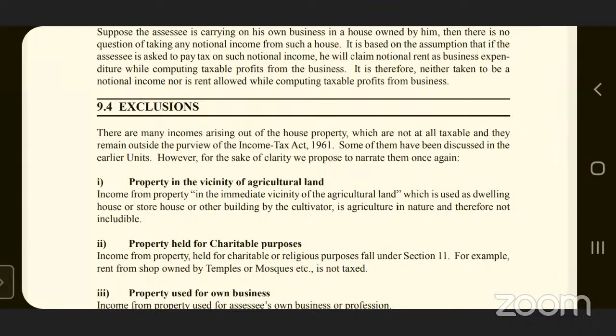Why am I emphasizing this? Because while explaining a building, I use the land which is attached to the building. Sometimes income arising out of land may confuse people with income from house property itself. If it is used for agricultural purposes, it is not considered as income from house property.